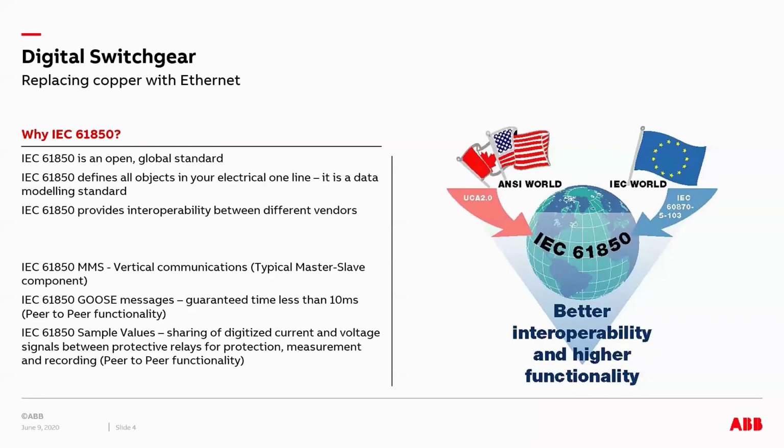Whatever a relay can do with a directly connected CT or a PT signal, the same functionalities can be achieved by subscribing to the sample values, that is, the digitized current and voltage signals. So this is a big enabler for making a digital switchgear.